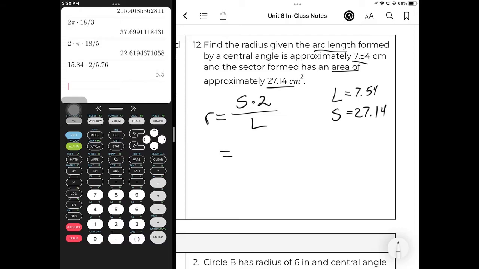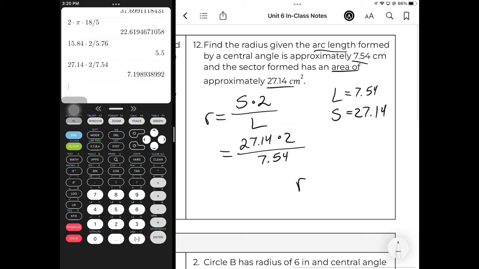So I'm going to do sector area, 27.14 times 2, divided by arc length, 7.54. And we get a radius of about 7.2.